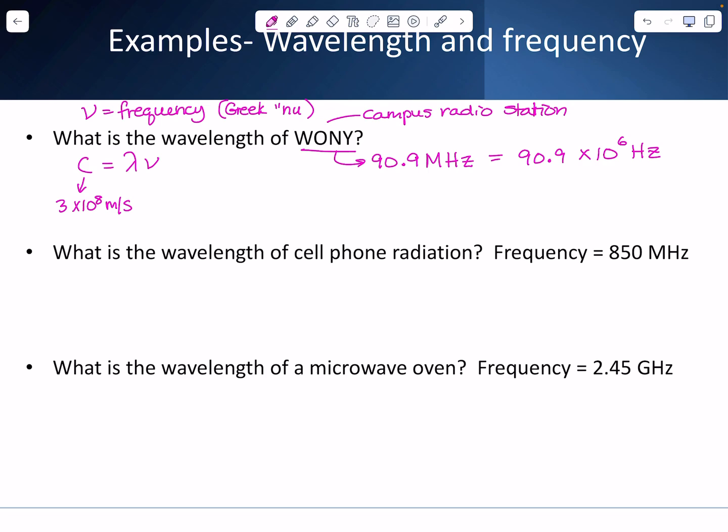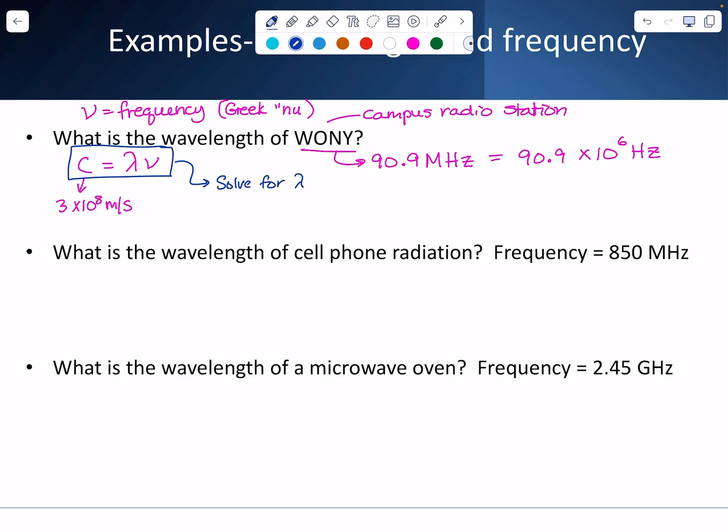So we have to solve this equation for the wavelength, which is lambda. I'm sure you all can do the algebra, but remember that to solve for lambda, we have to move the nu over to the other side.